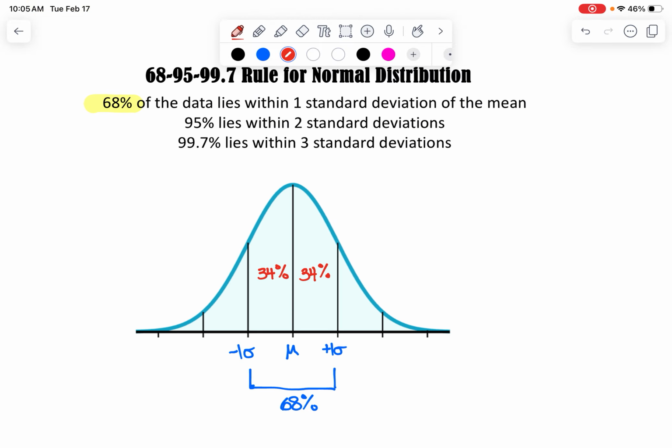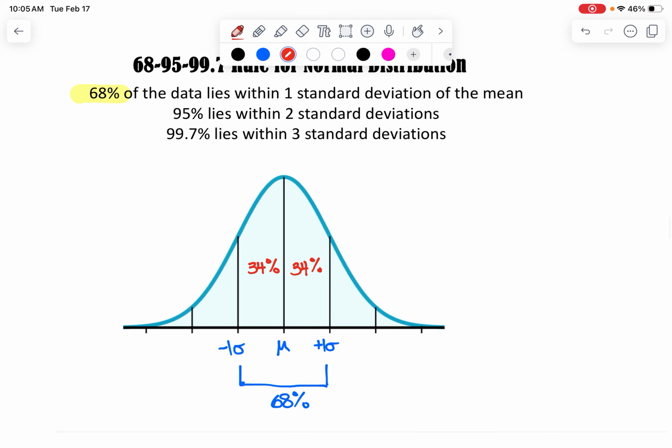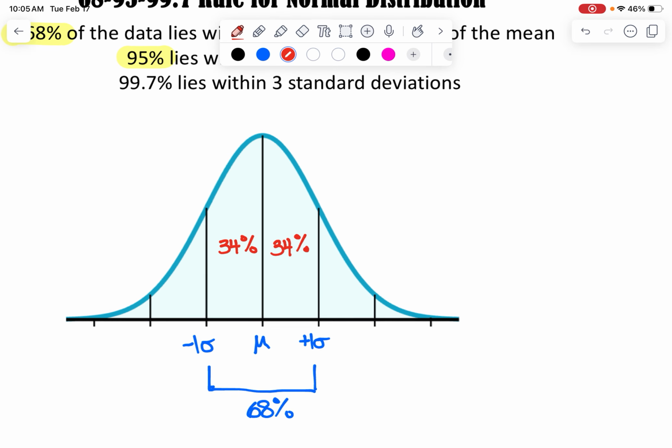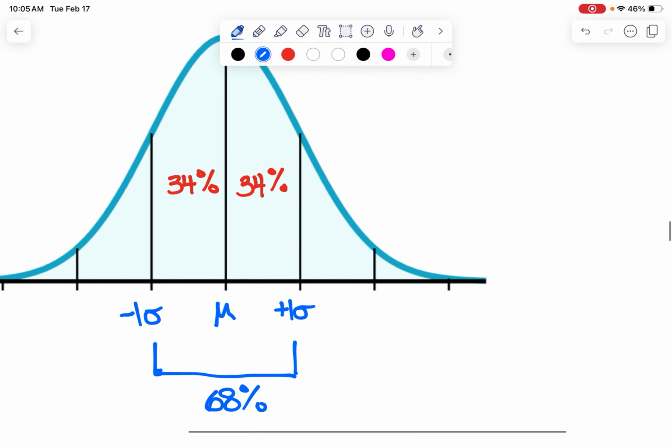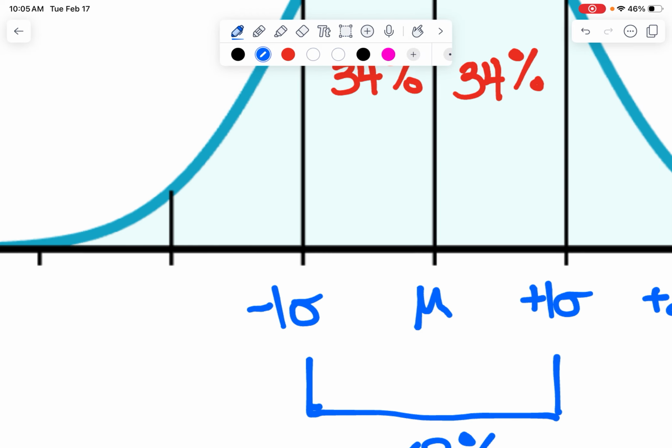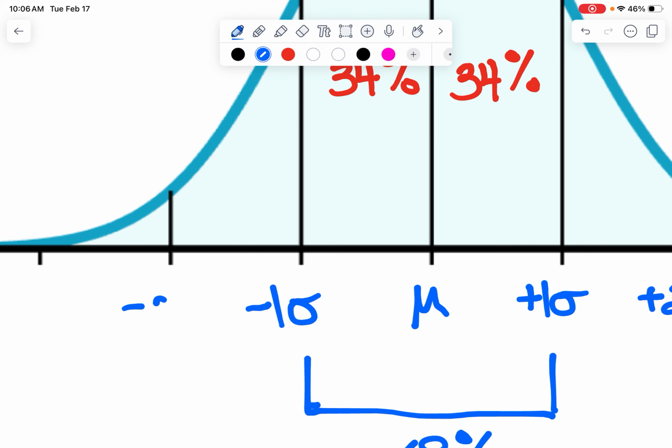All right, so then the next thing that it says is that 95% lie within 2 standard deviations. So 2 standard deviations is just 2 bins above and 2 bins below. So this would be plus 2 standard deviations, and then this would be minus 2 standard deviations.